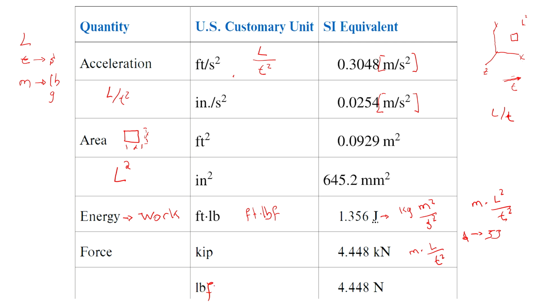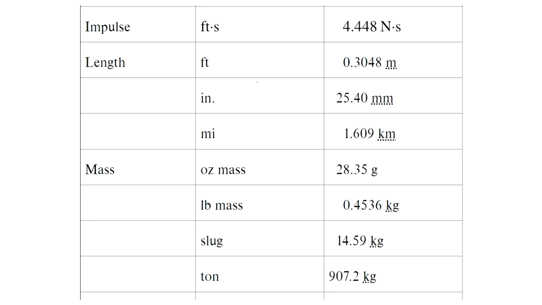Notice that I keep putting the F for force to remind you that this is pound force, but it's not conventional to see the F. You have to know that if they're talking about a force, it's pound force, which is not the same as pound mass. Impulse is feet times seconds.